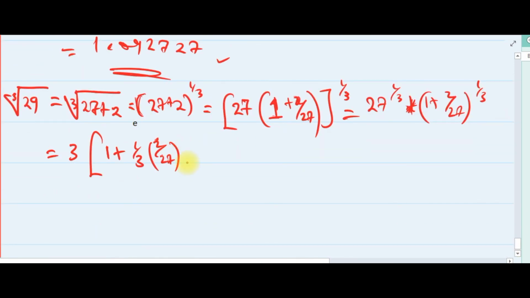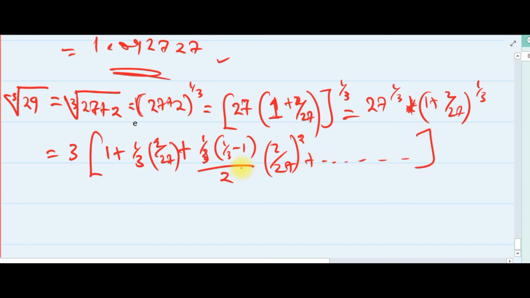Plus n, which is 1 over 3, times 1 over 3 minus 1 over 2 factorial, times 2 over 27 squared. Plus, no need to continue, because we'll get more decimals, so let's just stop here.